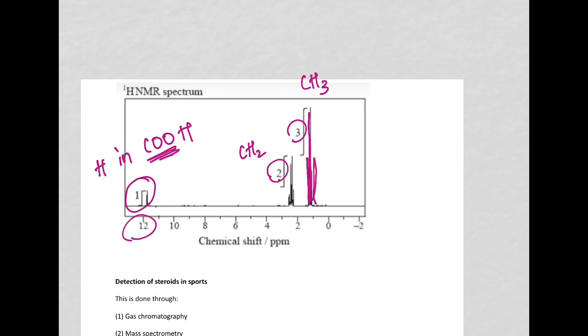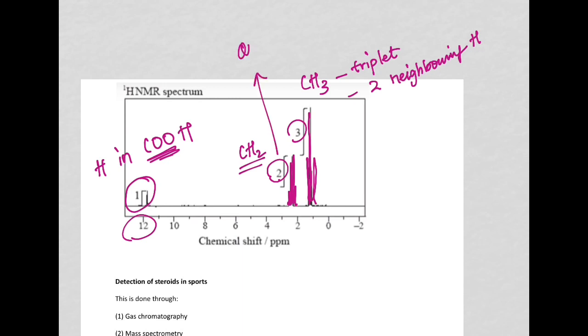So it is a triplet, which shows that it has 2 neighboring protons. And if we look at this one, you can see that there is 1, 2, 3, 4. So this is a quartet, which shows that it has 3 neighboring protons.